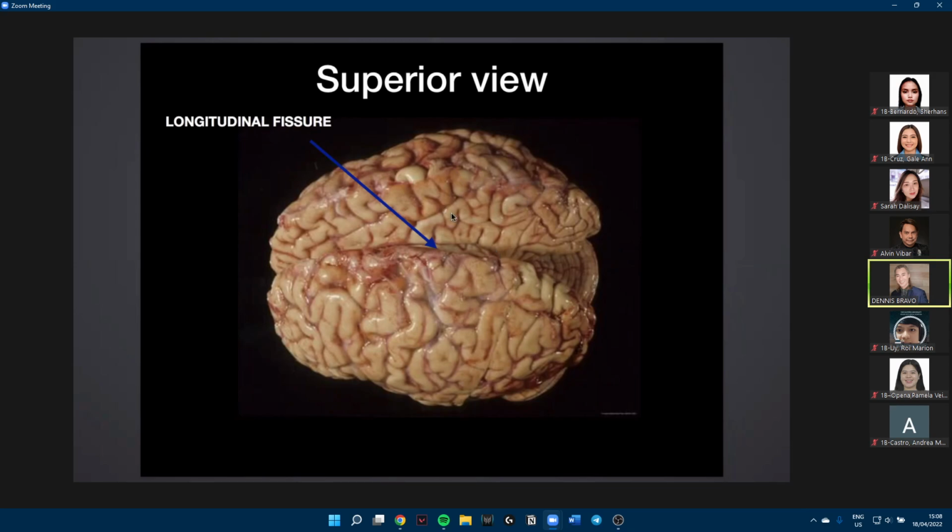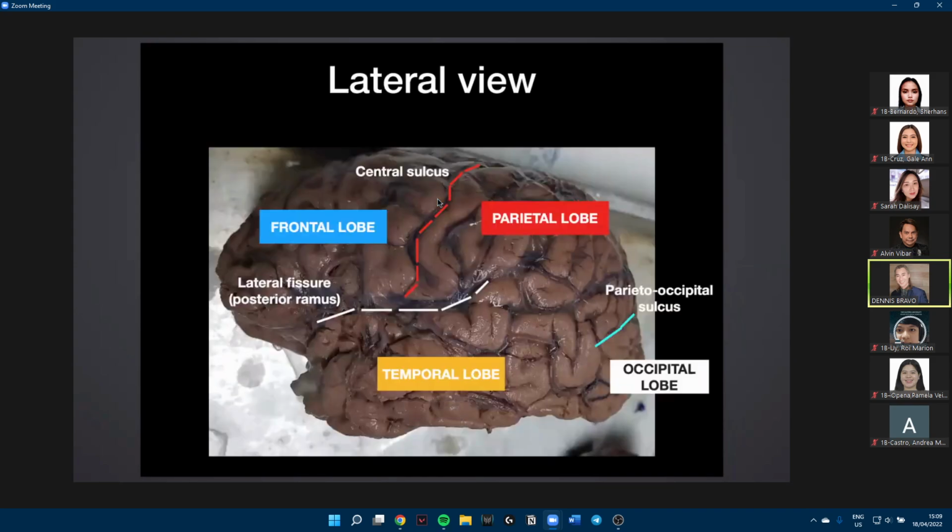Just to orient you again, right here would be the anterior aspect, this would be the posterior aspect, and the longitudinal fissure divides the cerebrum into the left cerebral hemisphere and the right cerebral hemisphere.